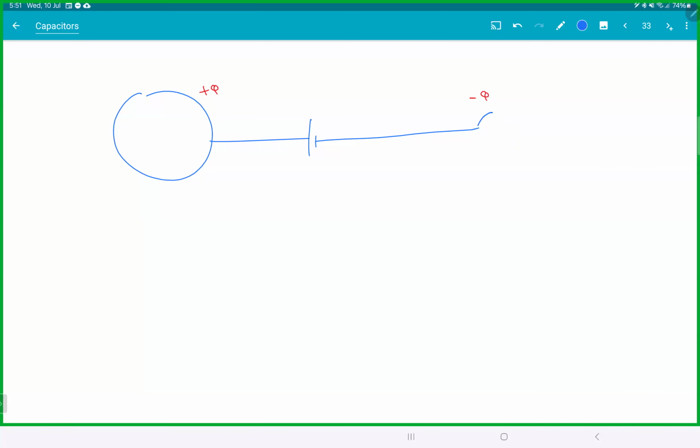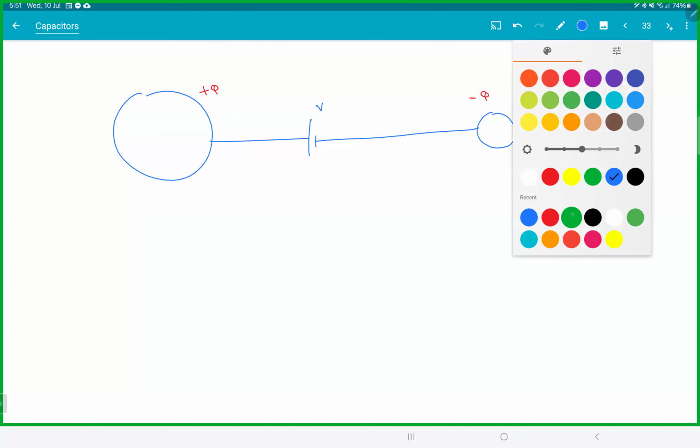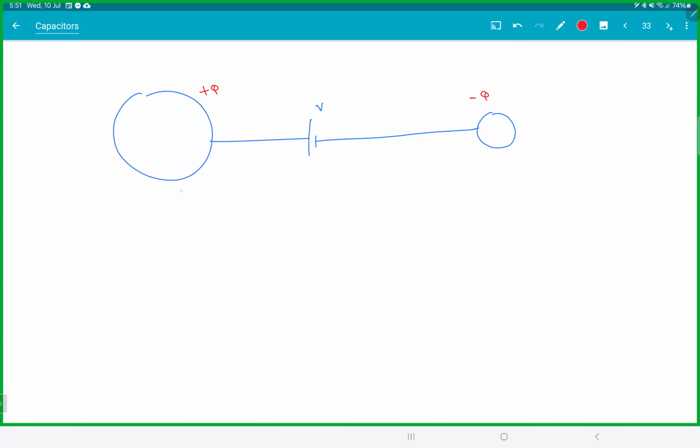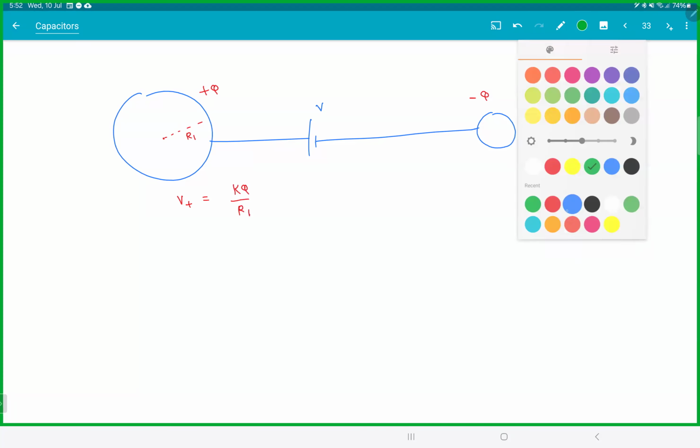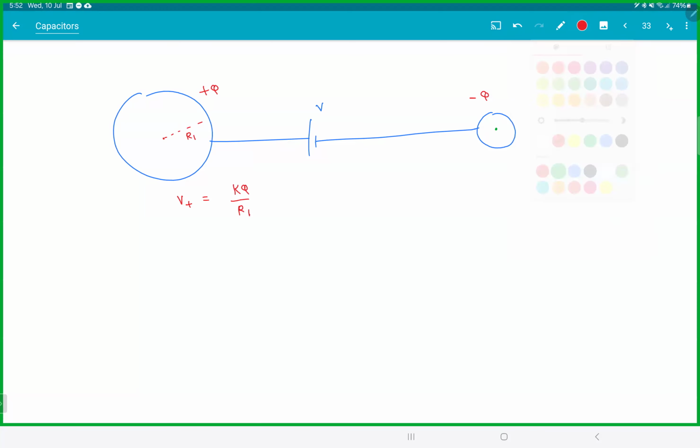Now, this is including everything. Since they're very far, we can assume they're not inducing any charges on each other. So this shell, which I'm taking as the positive shell, V plus would be KQ by R1, the potential due to your own shell, and this guy, minus KQ by L minus R.